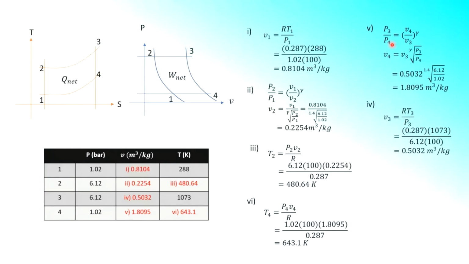Remember, when we use this, it has to be isentropic, the vertical line in the TS diagram, and gamma for air should be 1.4. Once you have found the V4 here, you can again apply this ideal gas law to find out the T4.